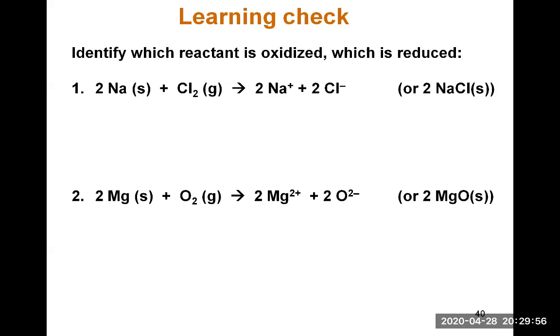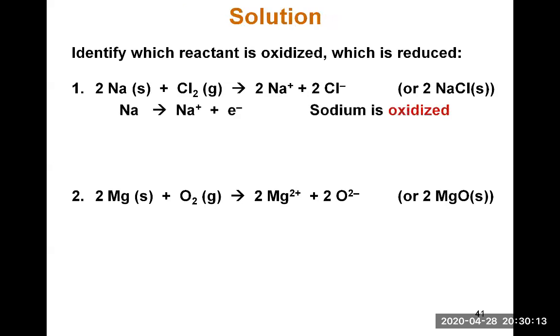So which reactant is oxidized, which is reduced? The one that is oxidized is the one that lost electrons. And here, if you look carefully, sodium is the one that lost an electron to become Na+. So we have Na on the left side. It becomes Na+ on the right side of the arrow.